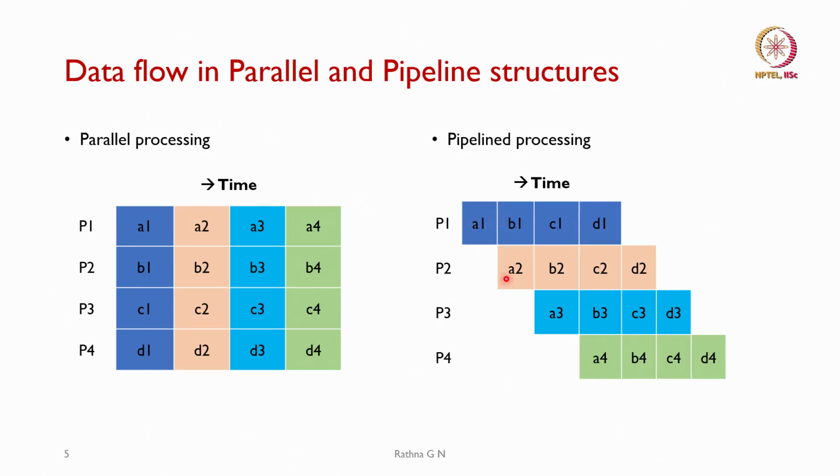The latency of the P4 processor is that it has to wait for 4 clock cycles till it can operate. Once all the data have been filled, then they can work in parallel. That is the latency of the pipeline, whereas in parallel processing there should not be any dependency between the data.